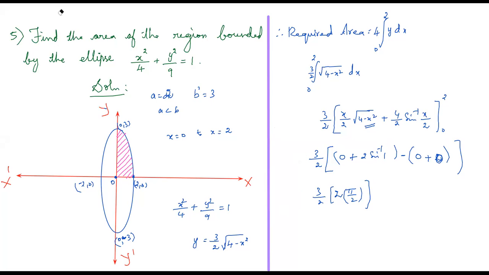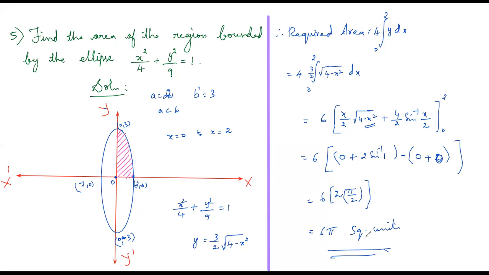So first it is equal to 4 times this, and 2 and 2 gets cancelled, so it is 6 times pi by 2. So 2 and 2 cancels, you get 6 pi square units.